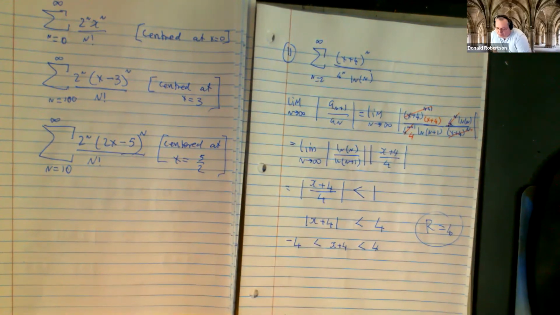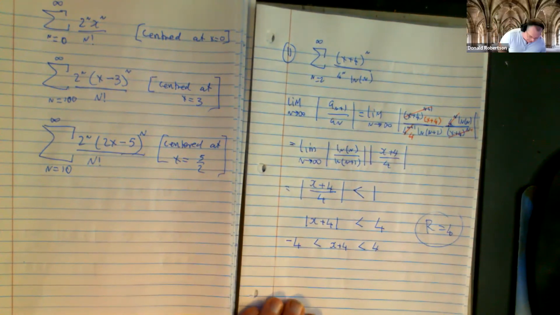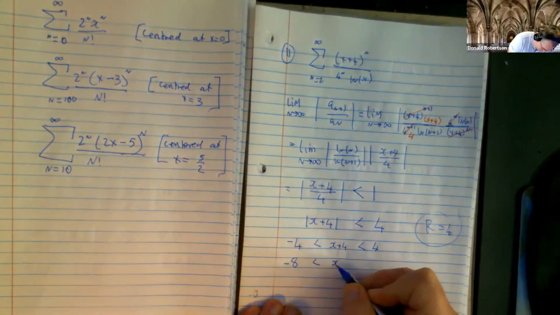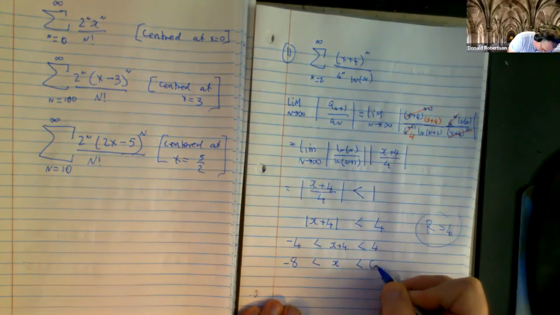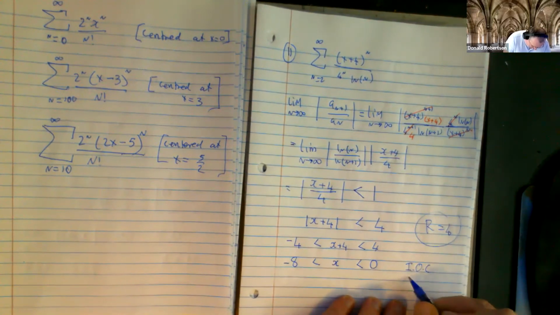Are you comfortable with that step? And what I'm going to do now is subtract 4 from all 3 of these. And if I subtract 4 from here, subtract it from the middle, and subtract it from here, do you see that I now have an interval of convergence of -8 to 0?